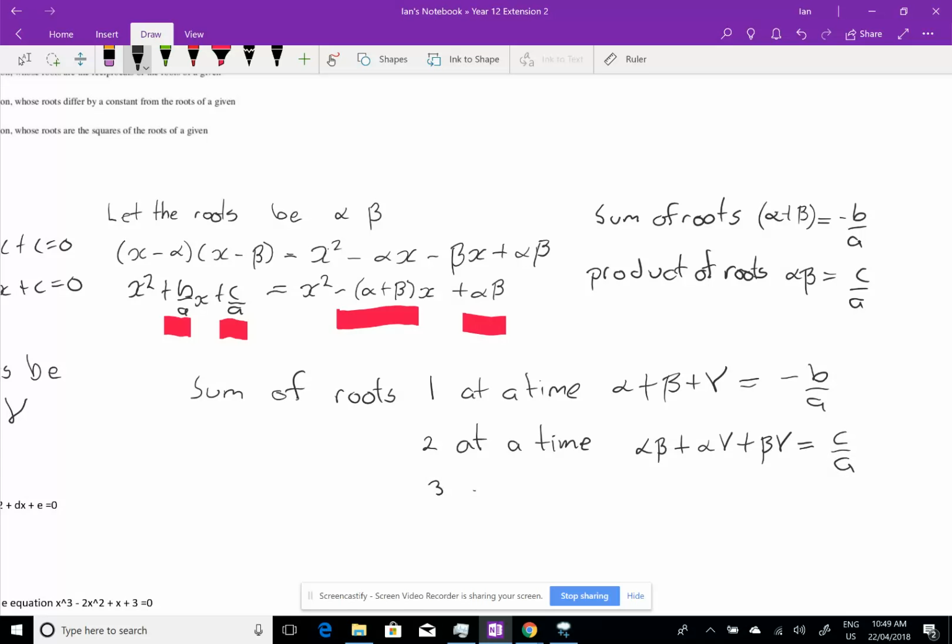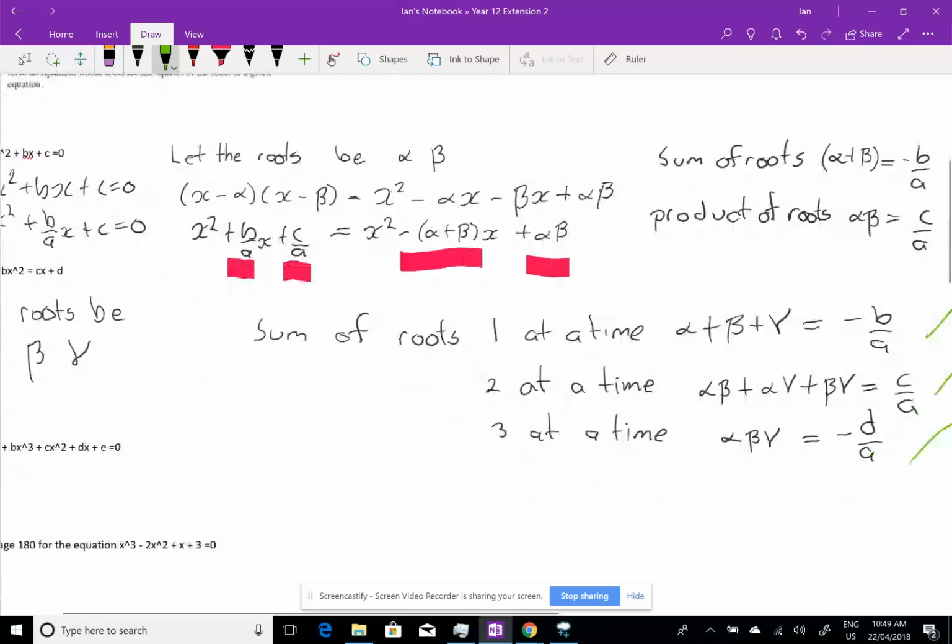And the sum of the roots three at a time, because there's only 3 of them, alpha beta gamma, ends up being the product of the roots, which is minus d on a. And as you can see, we have an alternating pattern here. We always start with negative, minus b on a, then positive, then negative, and so it will continue.